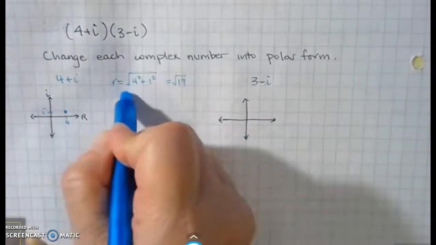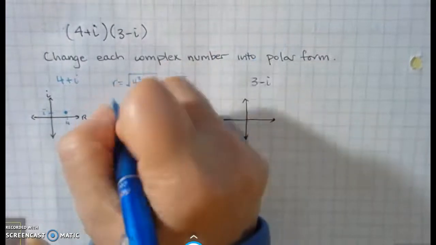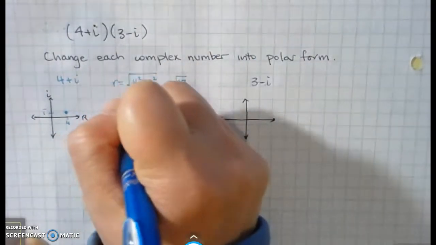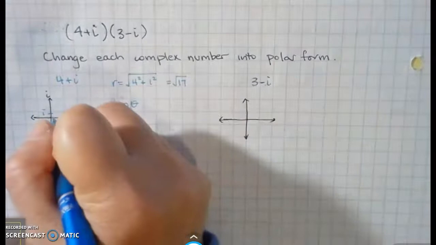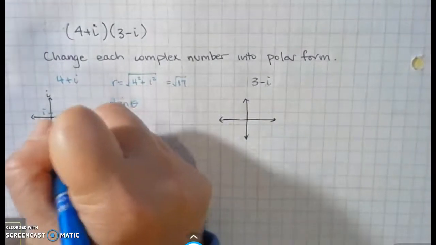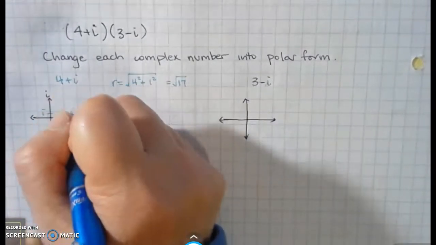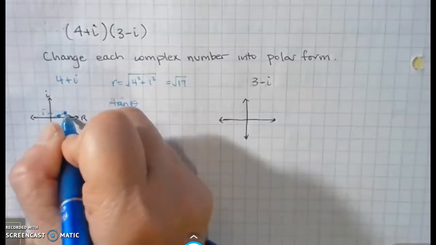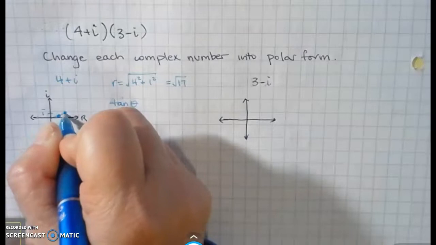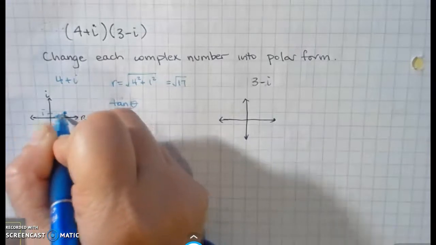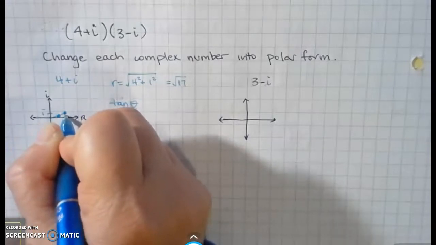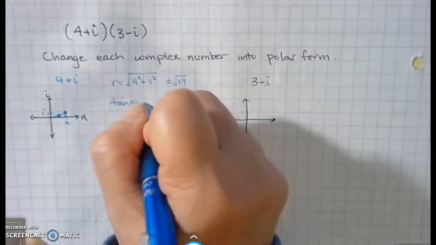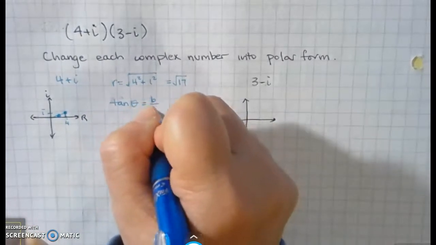Then what about angle measure? Remember, the tangent of theta is going to be, here we have 4 plus i, opposite over adjacent. And opposite is going to be the vertical number, which is b. So tangent of theta is always b over a.